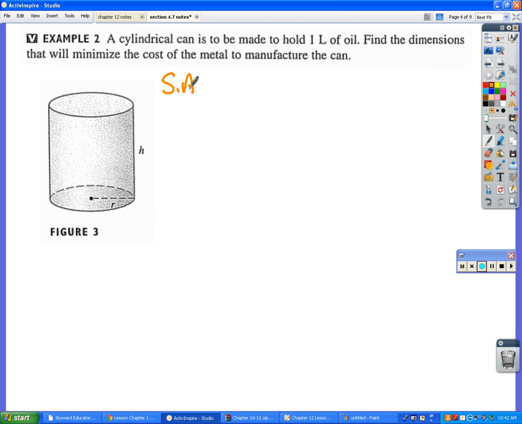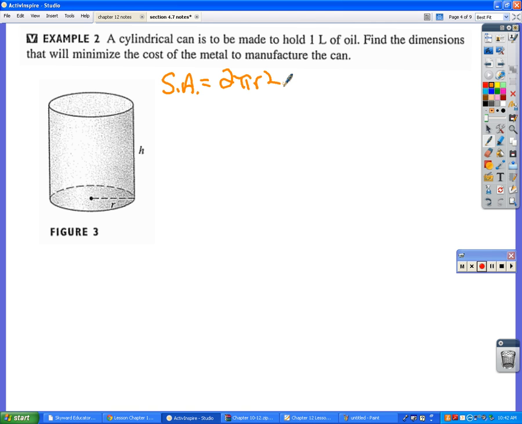So the surface area of this can, everybody remembers their surface area formulas. Pi r squared is going to be the area of the base, and there's 2 of them, right? So the bases are 2 pi r squared. And then you, of course, remember that you get a can by just rolling up a rectangle.